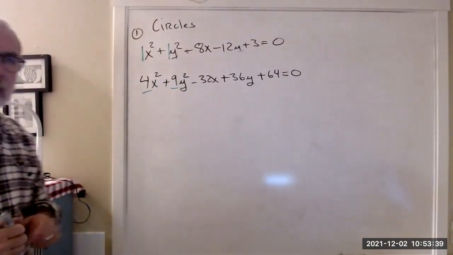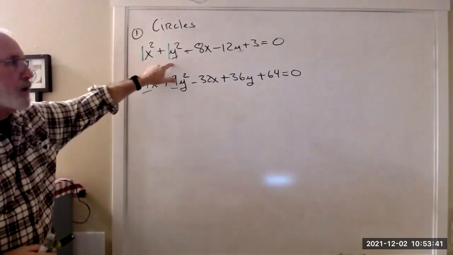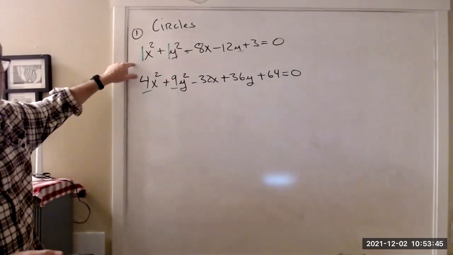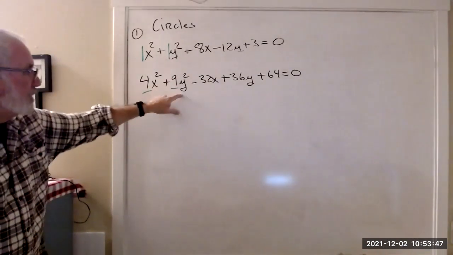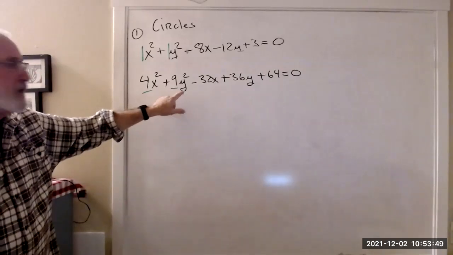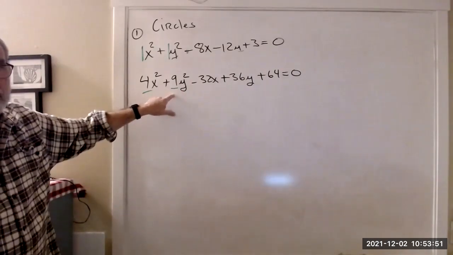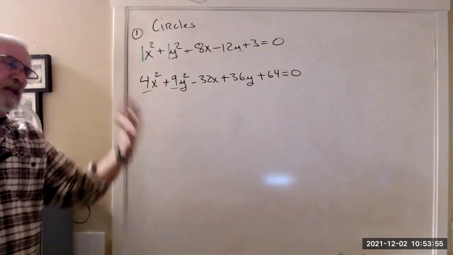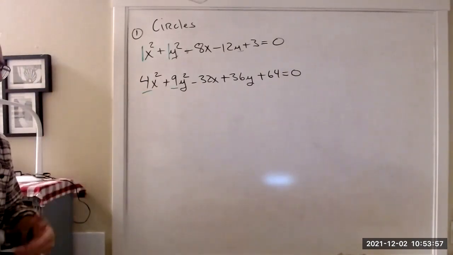That's how I know it's an ellipse. X squared plus y squared, coefficients the same, it's a circle. X squared plus y squared, coefficients are different, it's an ellipse. Because to us, mathematically, circles and ellipses are almost the same.